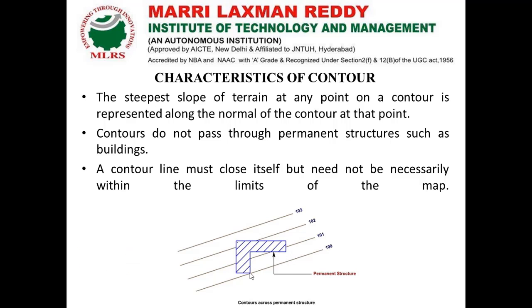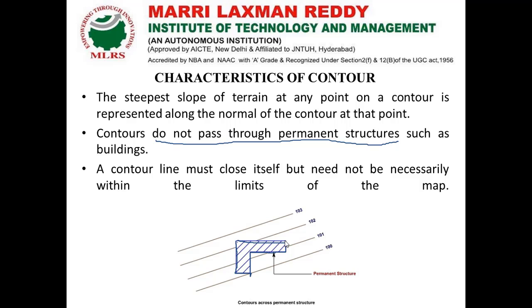So we cannot take the reading inside the building. That's why contours do not pass through permanent structures. Since we cannot take the reading inside the building, it won't cross the building or pass the building. Even if it's not a building, any permanent structure.